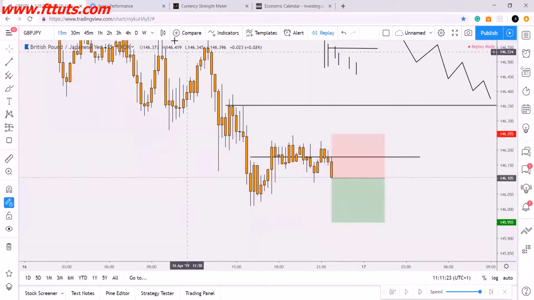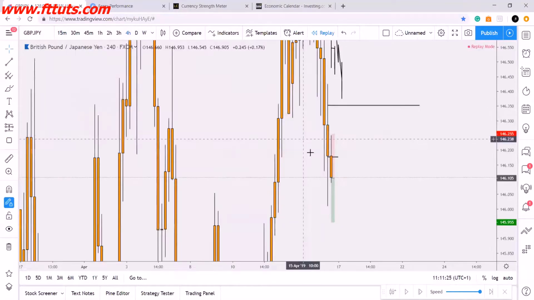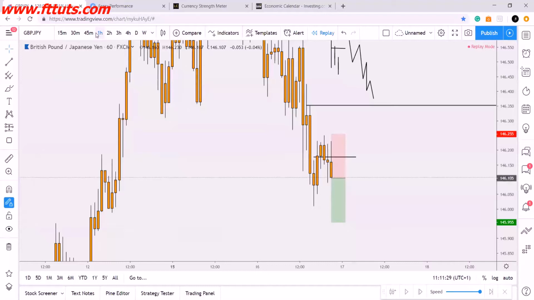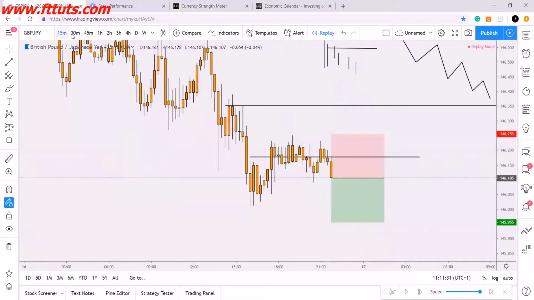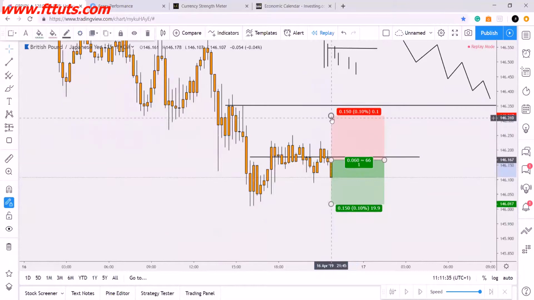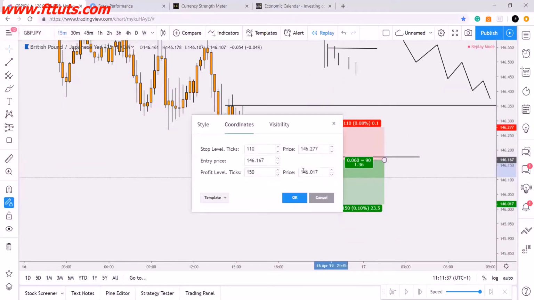This is a 15 pip stop loss on the 4-hour time frame. This has already pushed. On the 1-hour time frame, we have a candle closed. This at the moment is too much of a big entry. I'm looking for price to pull back to in and around these levels here for a 10 pip stop loss.